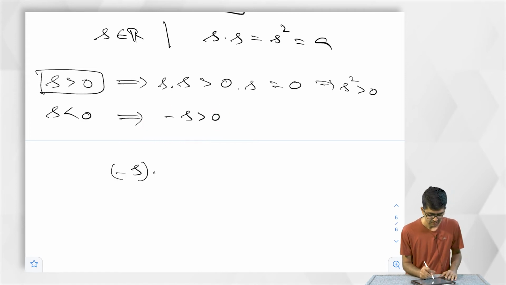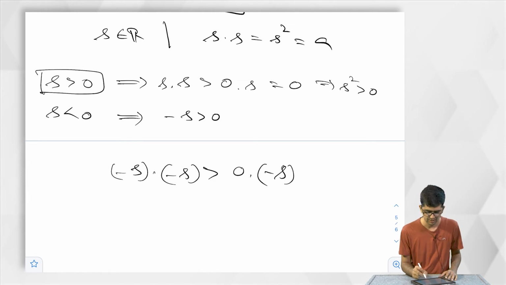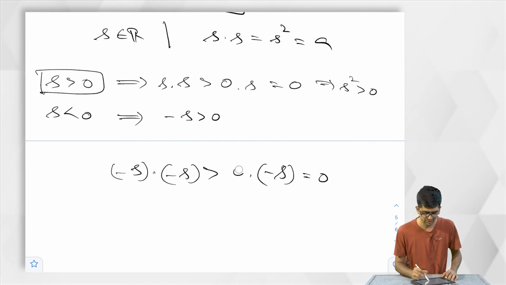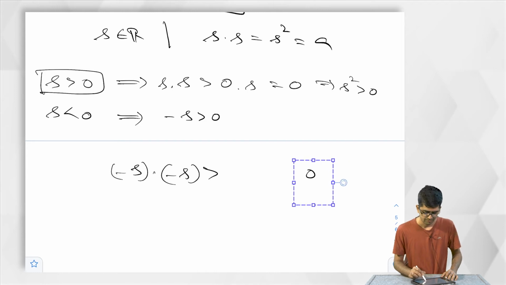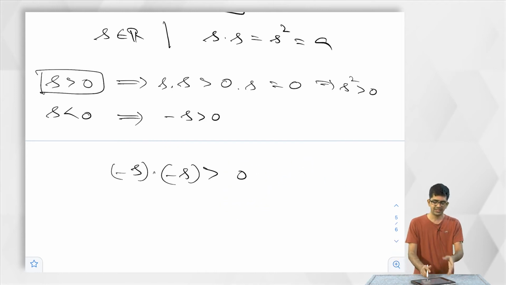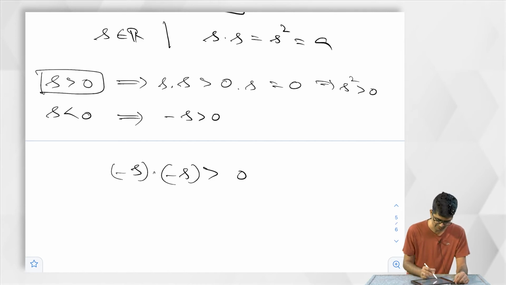Minus S dot minus S is greater than 0 dot minus S, but this is 0 anyways, so simply write 0. And what is minus S dot minus S? Minus times minus, we have seen in the previous session, maybe as an exercise, that minus times minus is plus. So this is same thing as S square.